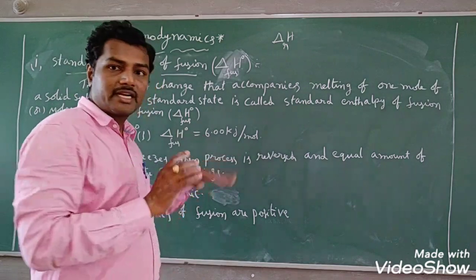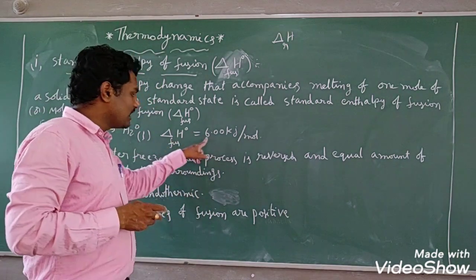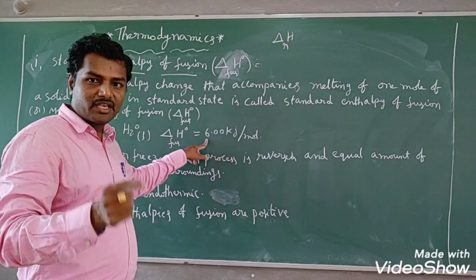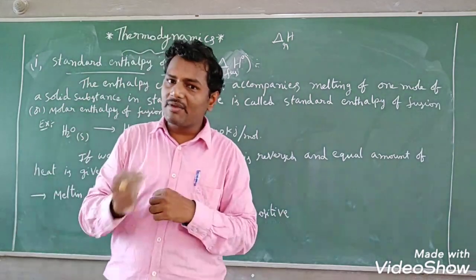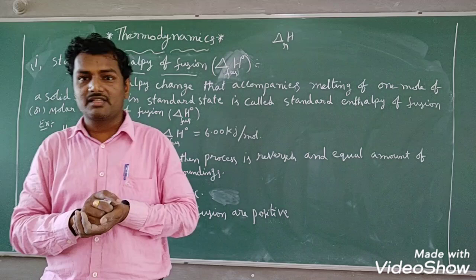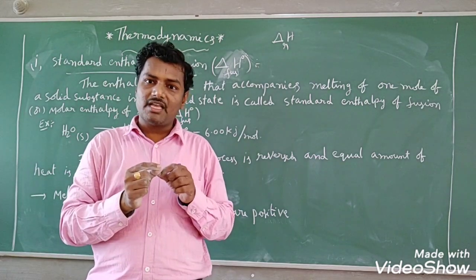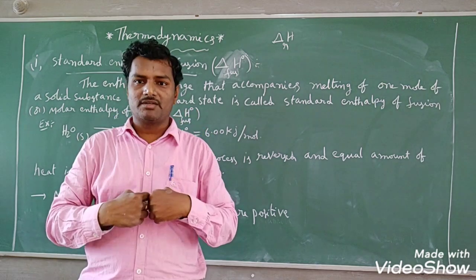You just have to observe whether it is an endothermic or exothermic phenomenon. If the delta H value is positive, then it is endothermic. If the delta H value is negative, then it is an exothermic reaction. What is an endothermic reaction and an exothermic reaction? Already we have discussed in chemical thermodynamics. Endothermic reaction means the reactions in which heat is absorbed.